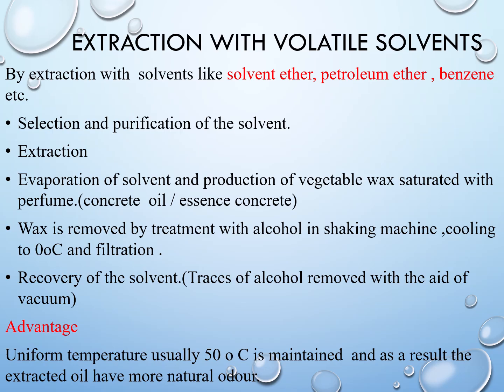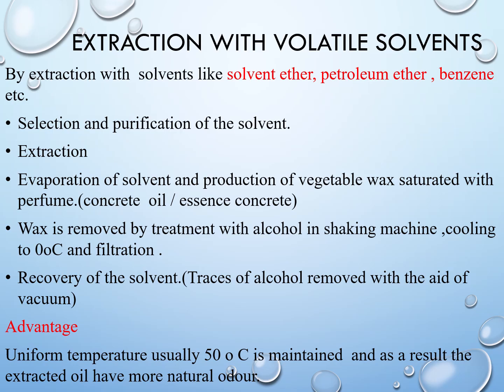From this essence concrete, we have to remove the wax. This is mainly done by shaking with alcohol, then cooling to 0 degrees Celsius. The wax solidifies and is separated by filtration.